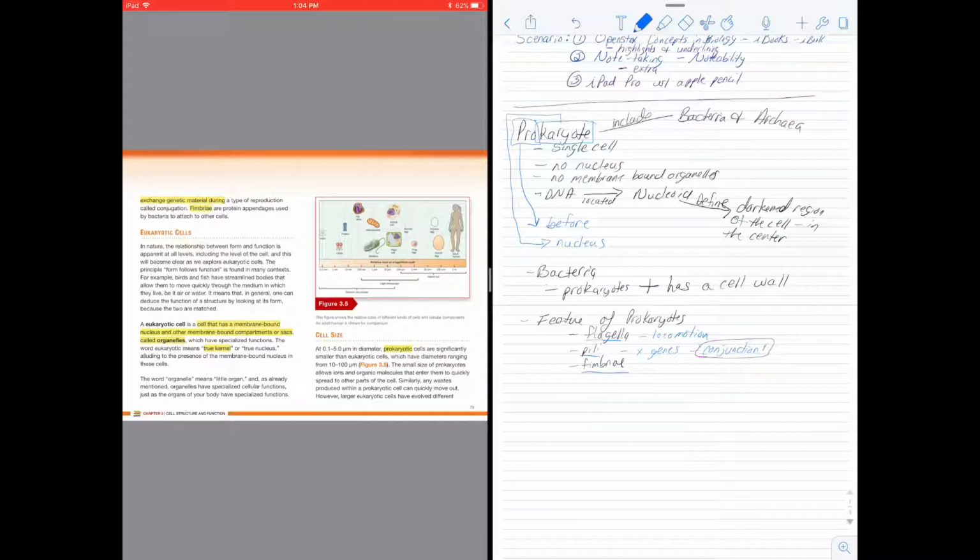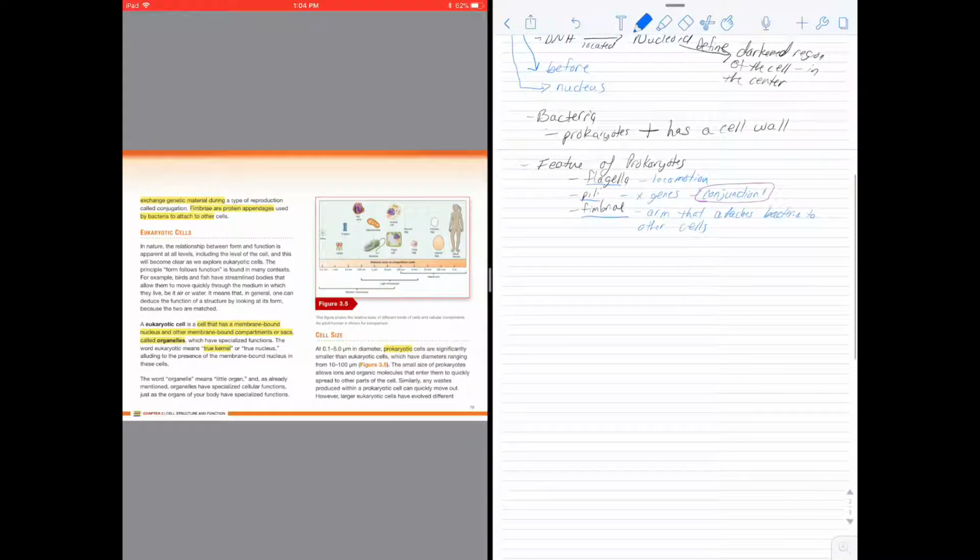And then fimbriae are protein appendages used to attach to other cells. Okay, so it's like an arm. So an appendage is like an arm that attaches bacteria to other cells. Okay? All right, so now we're getting up into eukaryote. And I can see, well, I've already gone through and done a little bit of highlighting.